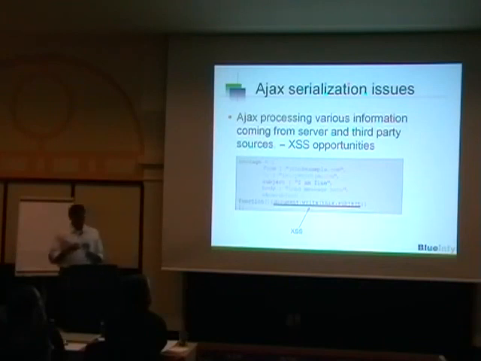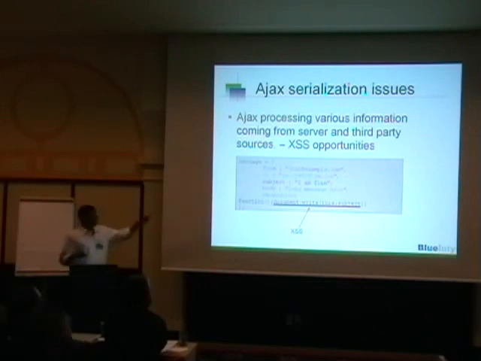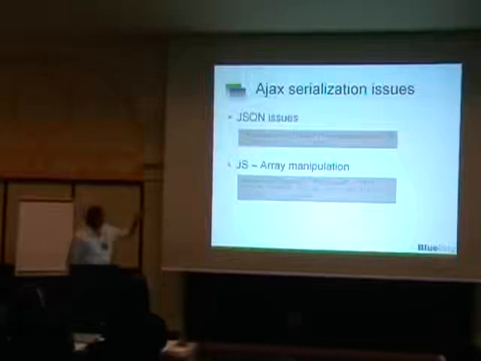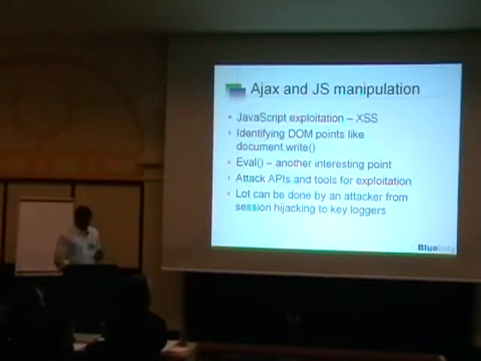So if someone has injected JavaScript in the subject coming through your email, then wherever this call gets executed will be vulnerable to XSS. Similarly, someone can inject content in a JSON array or a JS array as well. Ajax and JS manipulation, JavaScript exploitation, XSS, identifying the DOM, which we covered, eval, and attack APIs out there, something called BeEF, which exploits entire browser sessions, and a lot can be done like session hijacking and keyloggers, as he said in a previous presentation.